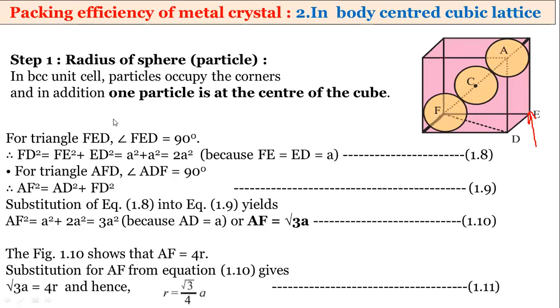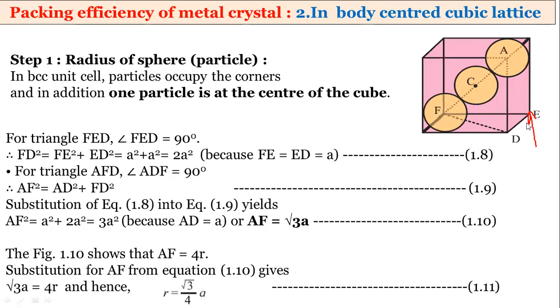Yes. So in this triangle FED, this angle is 90 degrees. So according to the Pythagoras theorem, FD square is equal to FE square plus ED square.